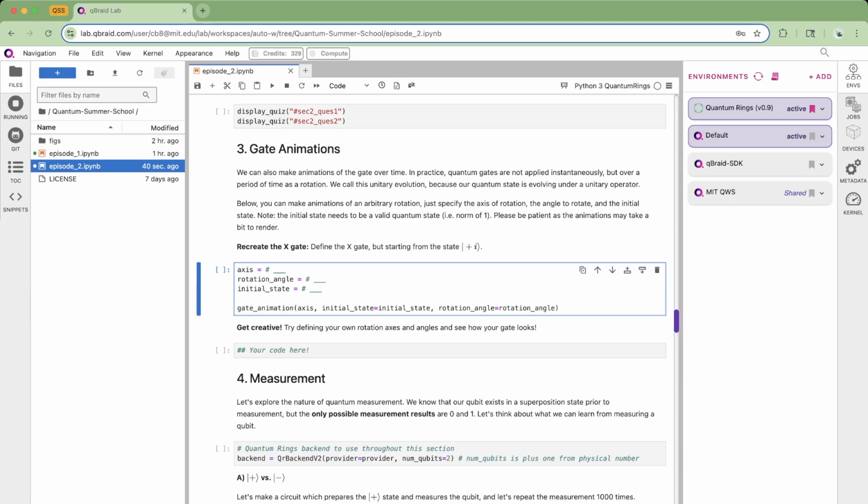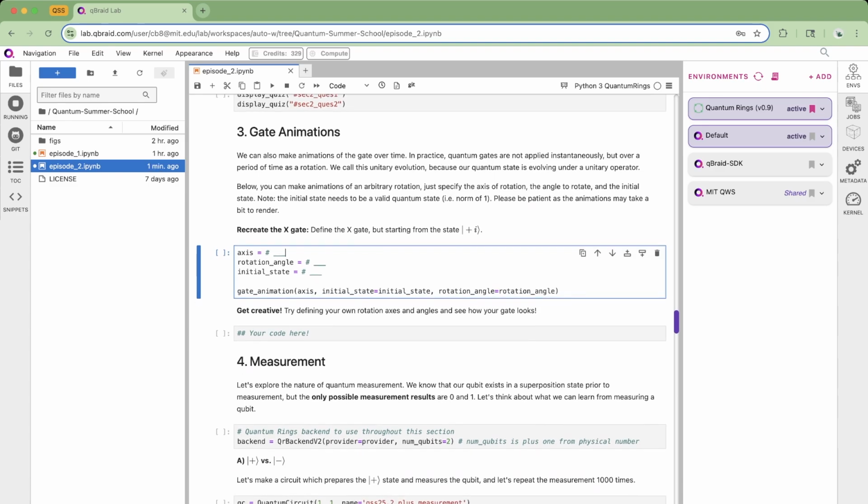We can also make animations of our gates to better understand what's going on. In practice, we don't instantaneously apply a quantum gate. We apply a rotation, and we call this unitary evolution because our qubit state is evolving under a unitary operator. Here we can define an arbitrary rotation axis, rotation angle, and initial state.